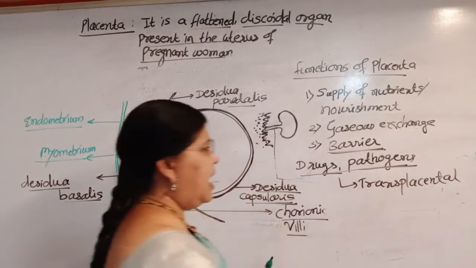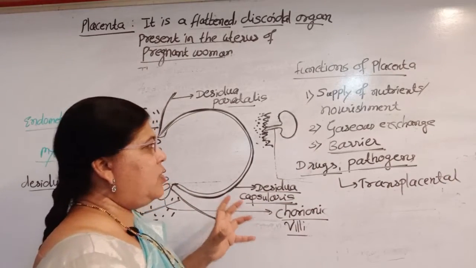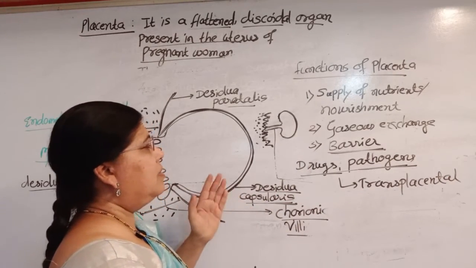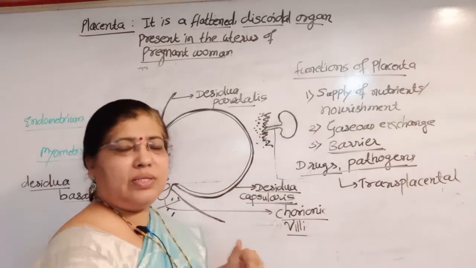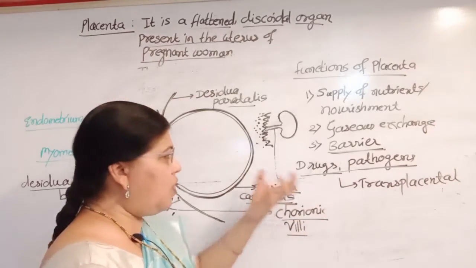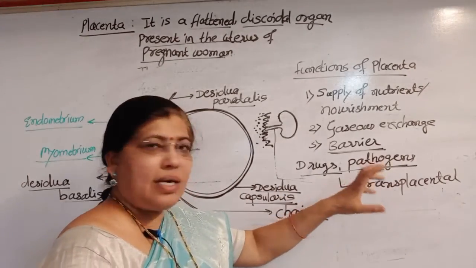Though the placenta acts as a barrier and prevents entry of harmful material to the fetus, some substances can cross the placenta, and those substances are called transplacental.